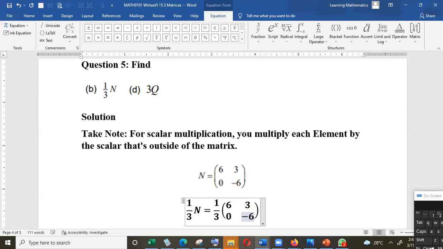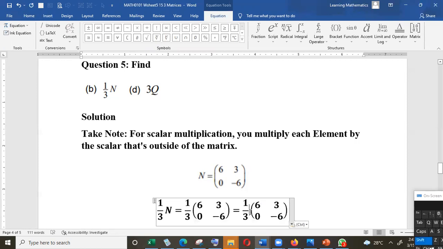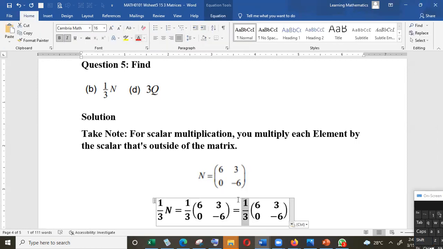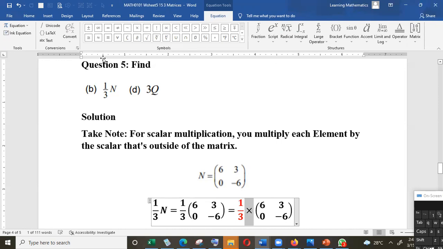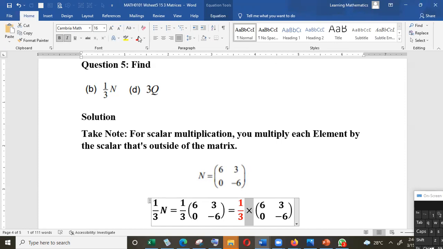So now a third times this matrix is the same as a third times the matrix, because remember we said whenever you don't see a sign, there's an automatic times.